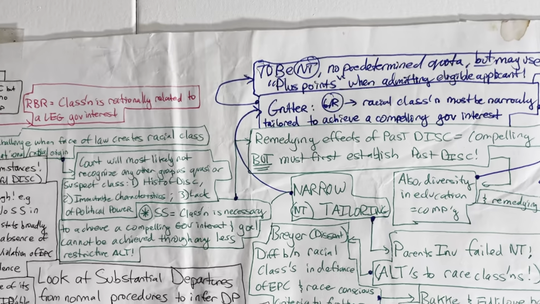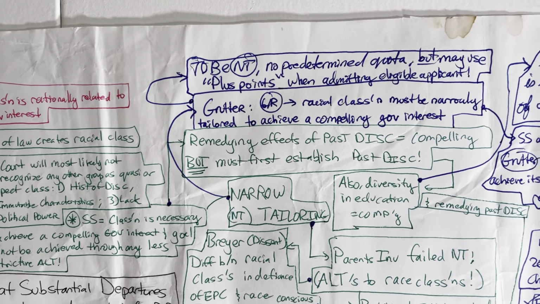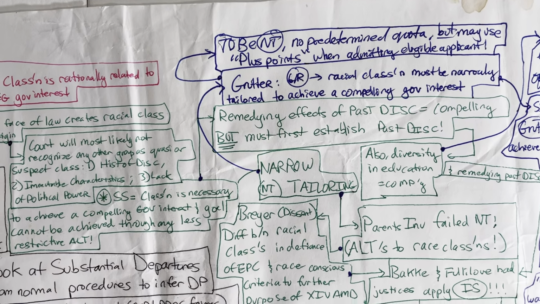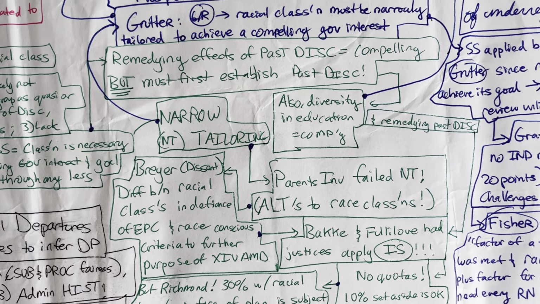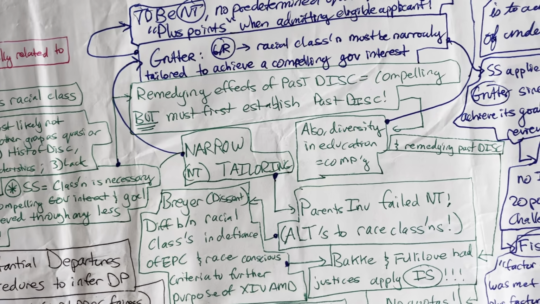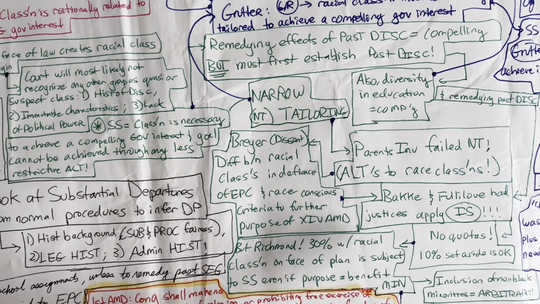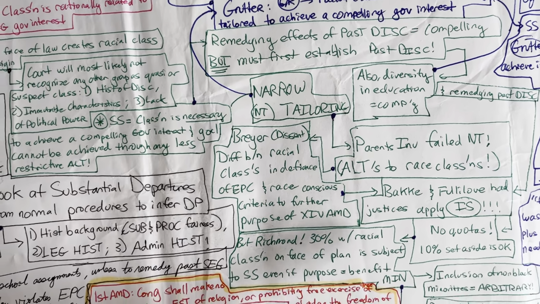So remember that remedying effects of past discrimination is actually compelling, like here in that Parents Involved case, but you must first establish past discrimination. And we talked about this, but also diversity in education is compelling, and so is remedying past discrimination. There were some education cases, famous ones, that we studied in constitutional law.